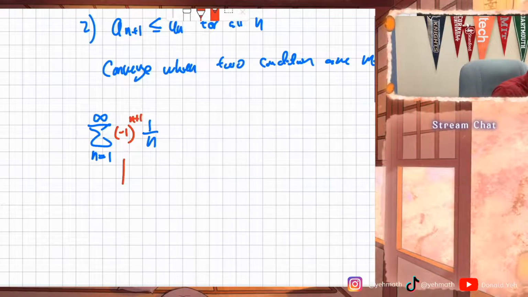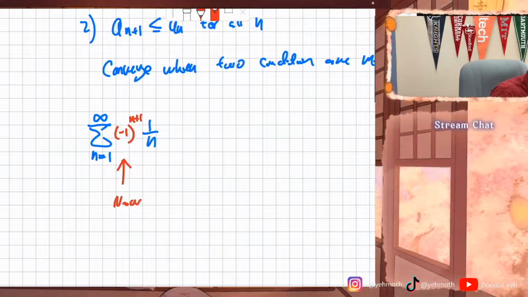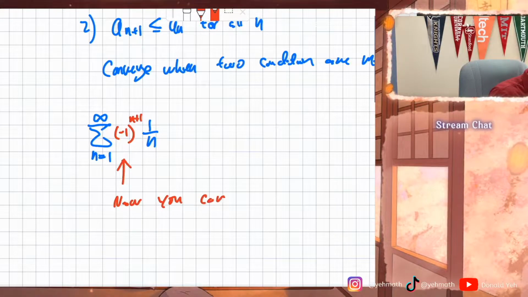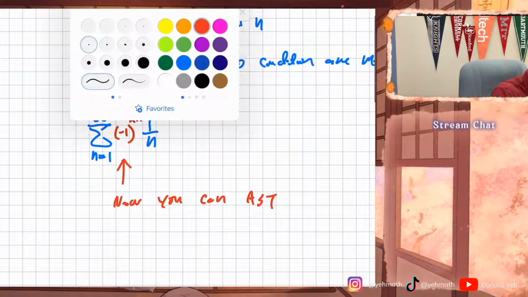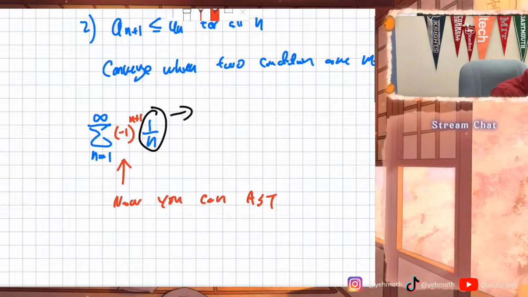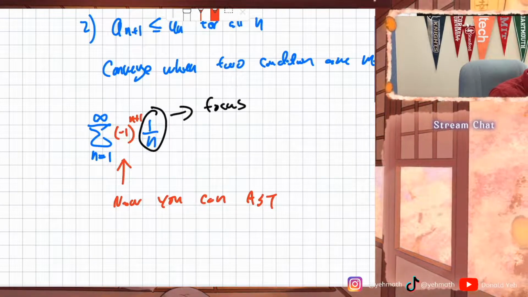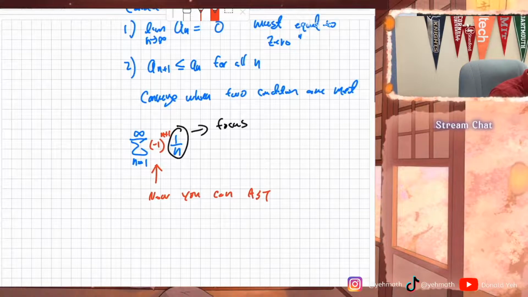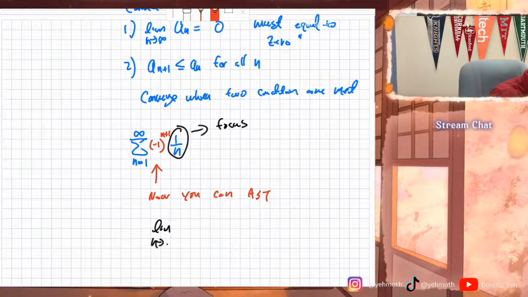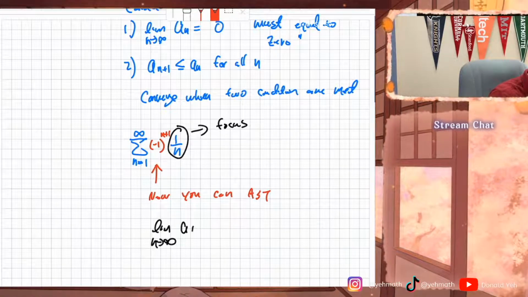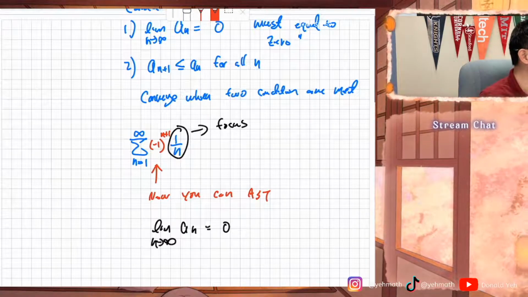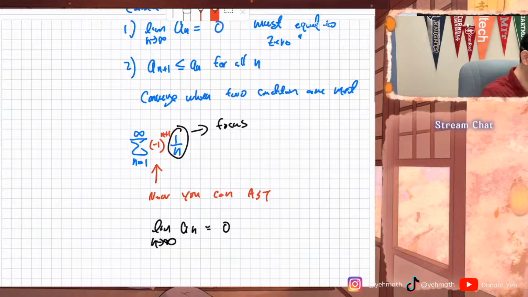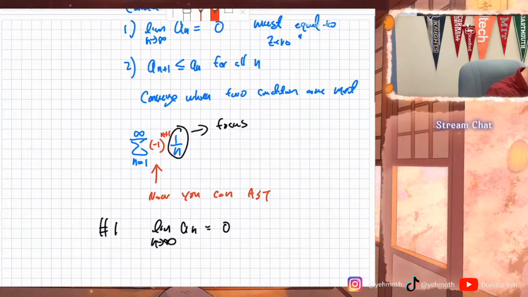Now you can do AST. You only focus on this part. Then you ask, is the limit as n approaches infinity of a_n equal to 0? Yes, 1 over infinity is equal to 0. First condition, true.